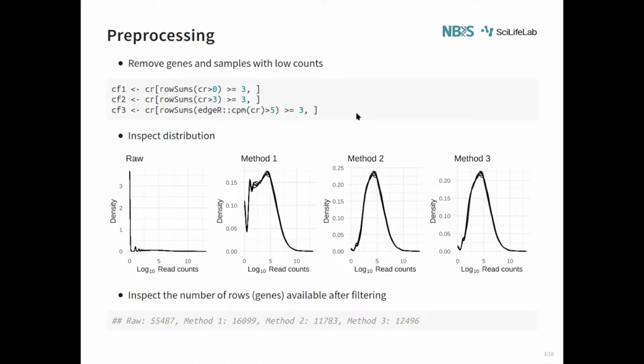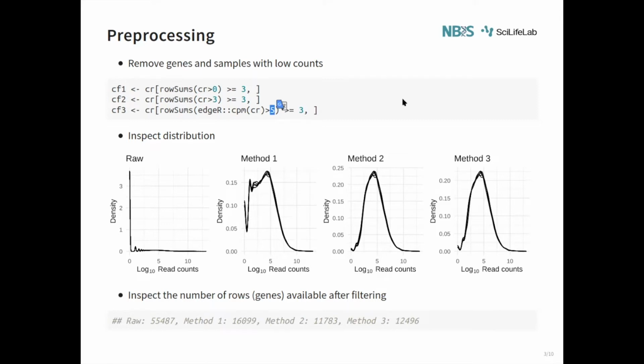Another question, from Matus: is the number 5 for CPM generally accepted in the community, or is it just a take-home message from this? Normally you want to have at least one count per million. That is the bare minimum, at least one count per million reads. Is that how it is, Paulo, or should it be a bit more than that?